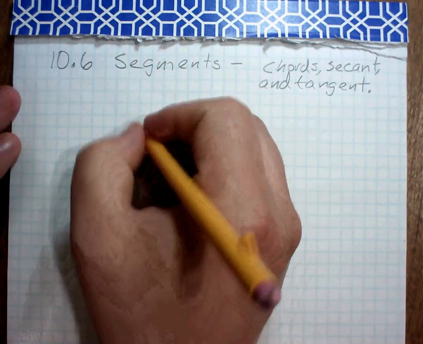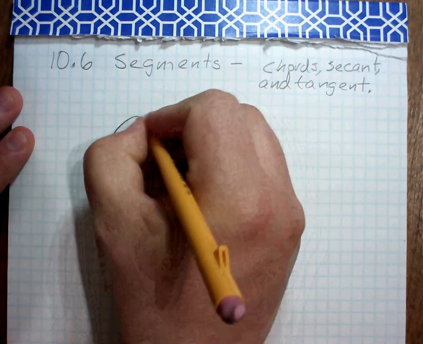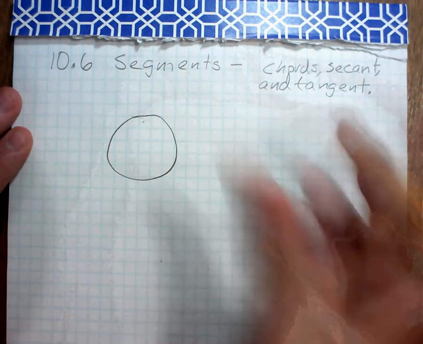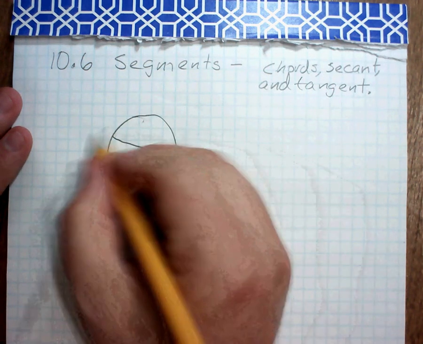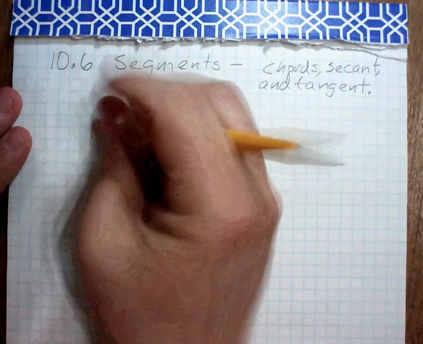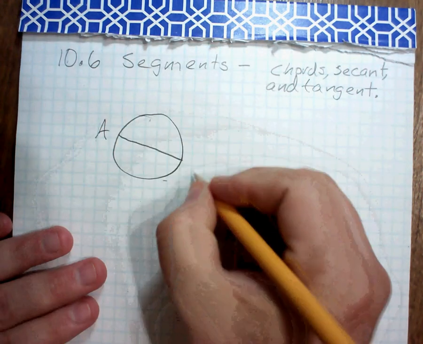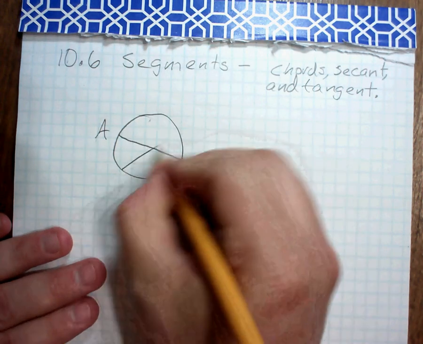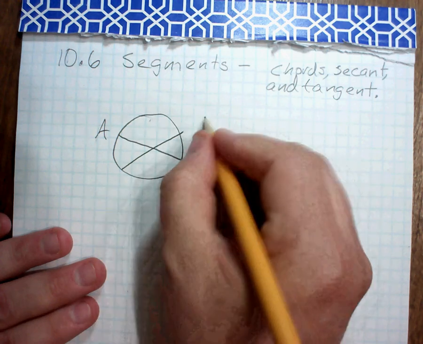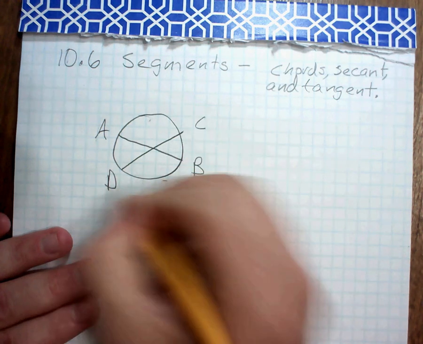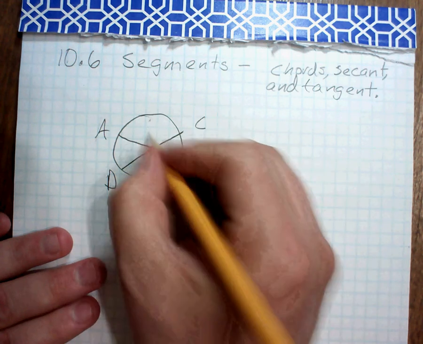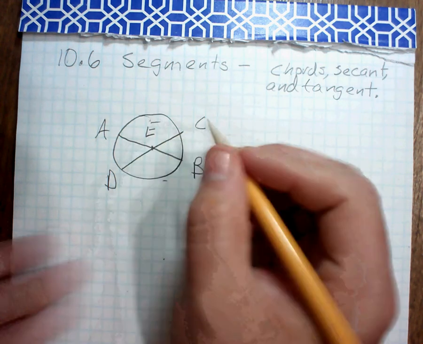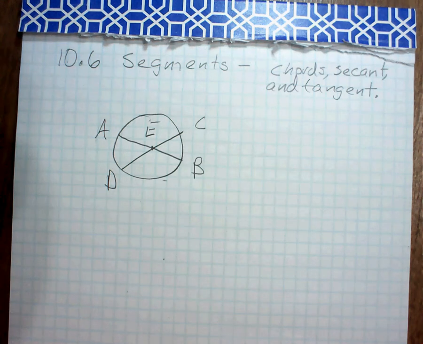So if I have this perfectly drawn circle, and I have the chord AB, and then I have another chord CD, and then this is not necessarily the center of the circle, although it kind of looks like it, but it's just the intersection of the two chords.